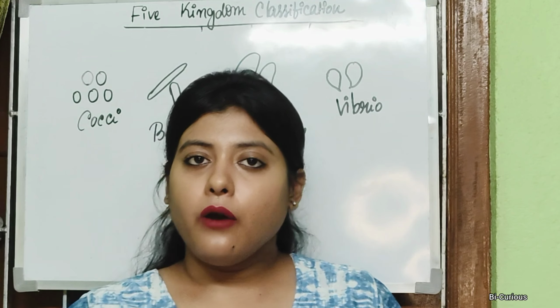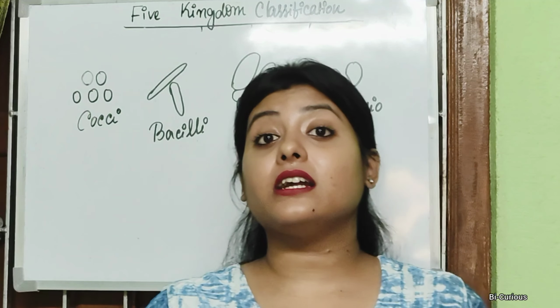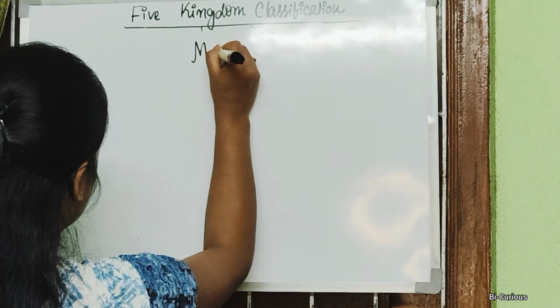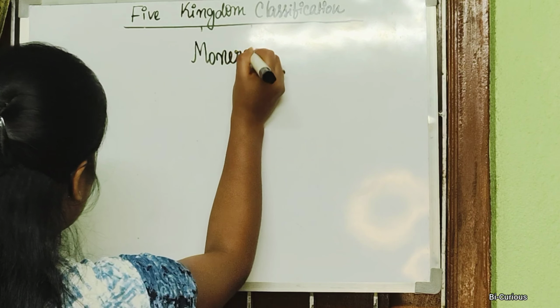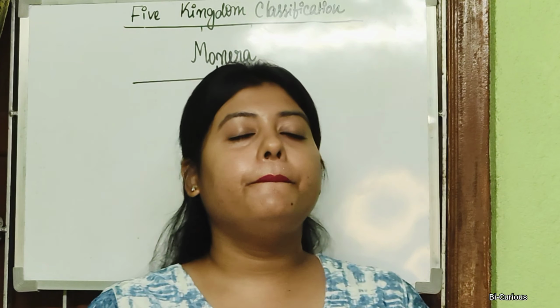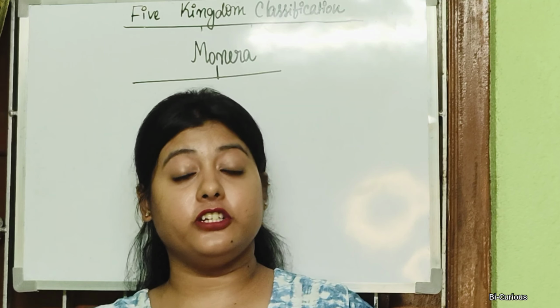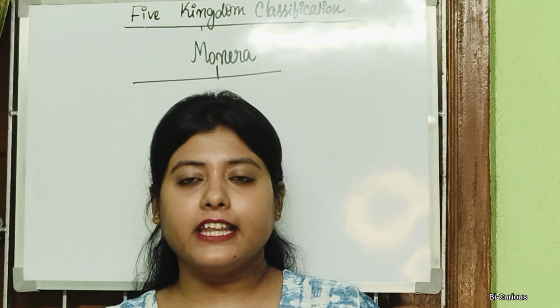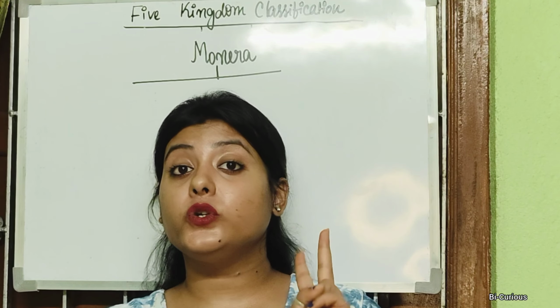Okay. Now come to the next part, that is the classification of Monera. On the basis of the formation, meaning which bacteria came first and which came later, we can classify it into two types.